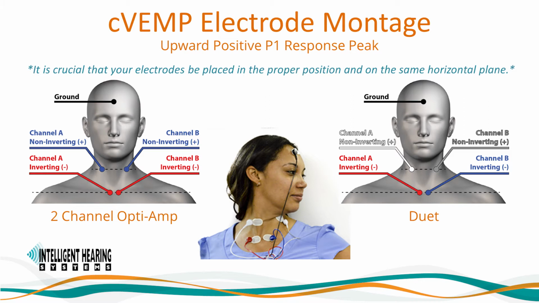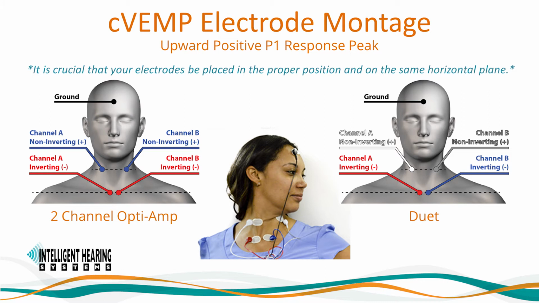To acquire and display a positive upward P1 peak response, the positive electrode and leads are placed on the thickest intersection of the upper 1/3 or half of the SCM muscle. Right channel A positive would be connected to the right SCM muscle, while left channel B positive is connected to the left SCM muscle.